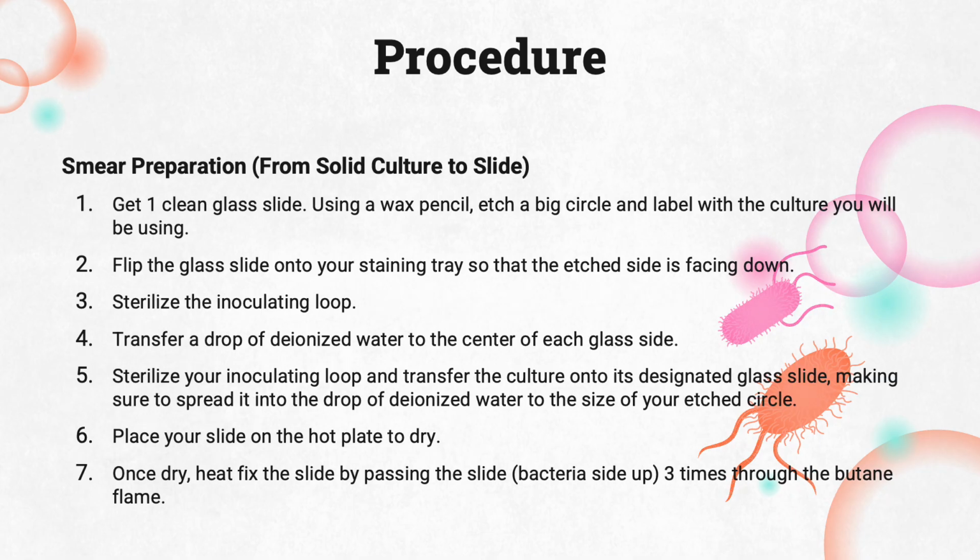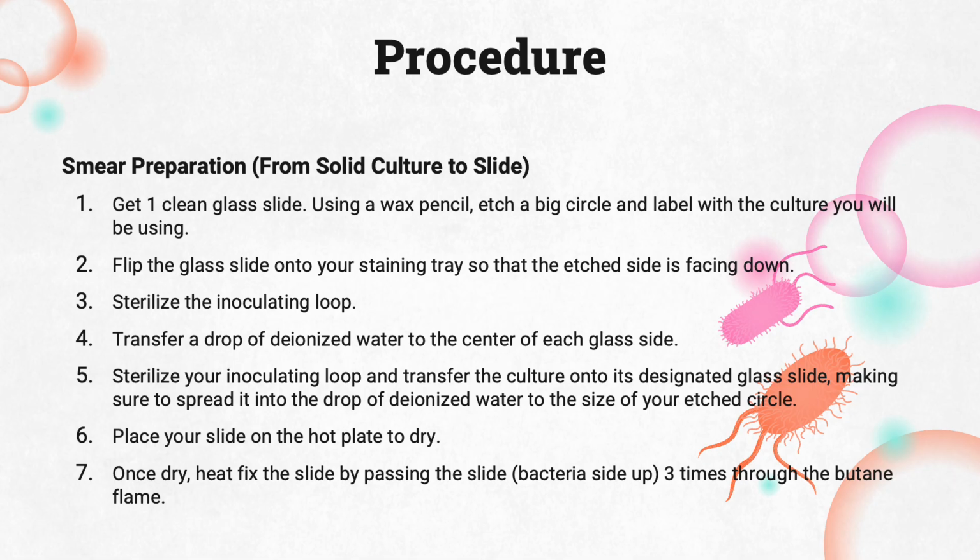For the smear preparation of a solid culture to the slide, we used one clean glass slide, etched a big circle using a wax pencil and labeled our culture that we would be using. We then flipped the glass slide onto our staining tray so that the etched side is facing down. Using a sterilized inoculating loop, we transferred a drop of deionized water to the center of each glass slide.